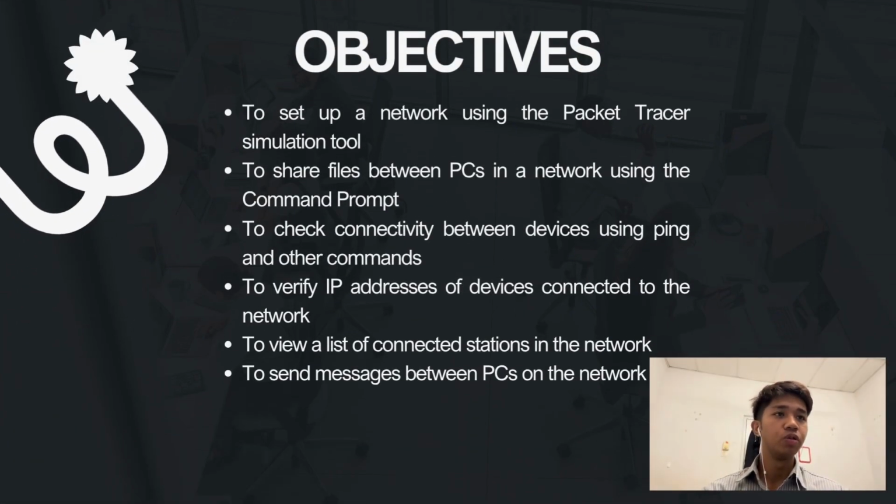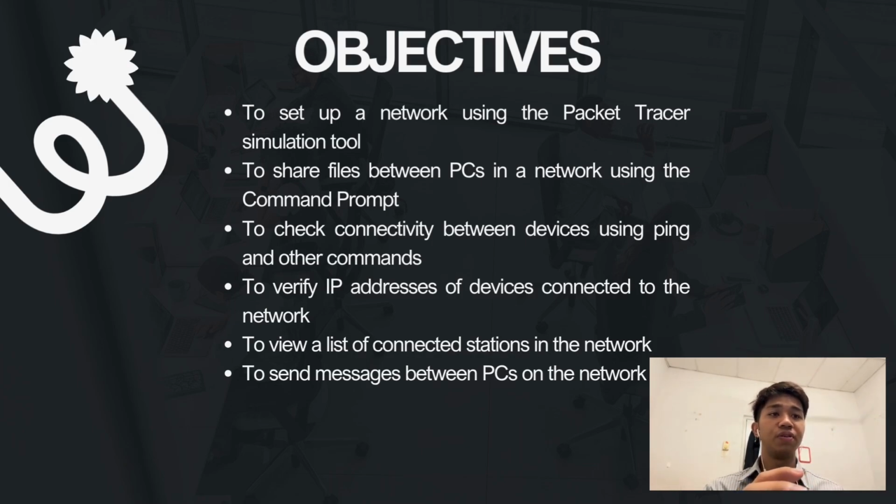Right now I'm going to present the objectives of our project. The first one is to set up a network using the Packet Tracer simulation tool. Next, we're going to share files between the PCs in the network using the command prompt. The third one is to check connectivity between devices using ping and other commands.